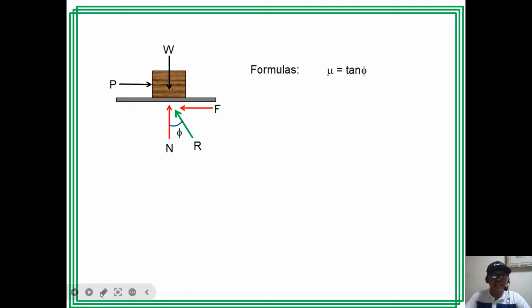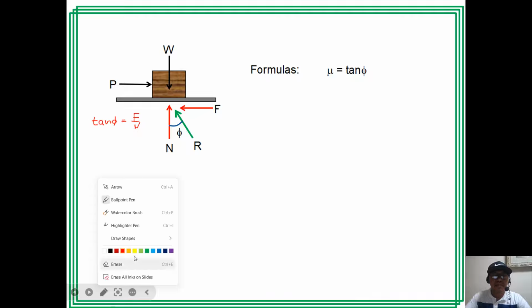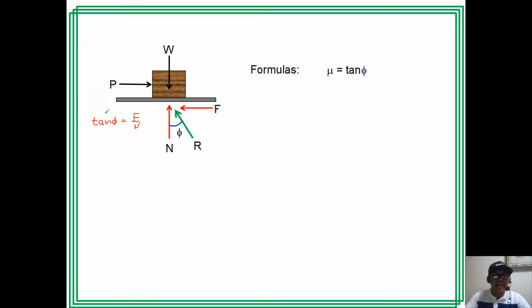Then, in the figure, as you can see, we have here also our F, and we can write tangent of the angle of friction phi equal to F over N. That is F over N. But notice, our tangent of phi is equal to the coefficient of friction mu.